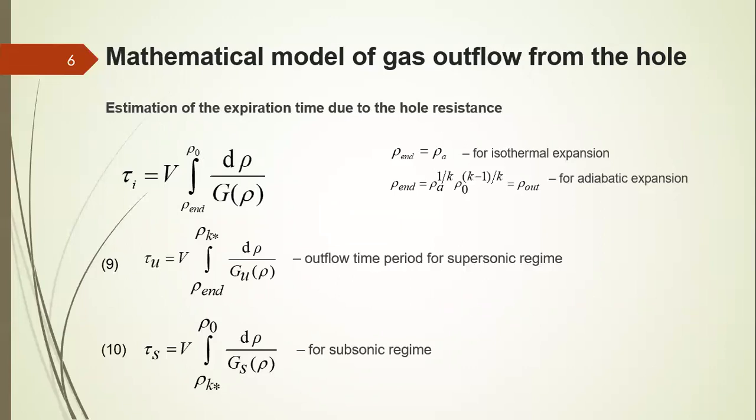It is obvious that at high pressure values, the gas rate is large and the process is fast. As the pressure decreases, the flow rate decreases as well, and the process slows down.